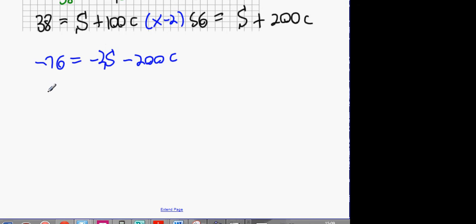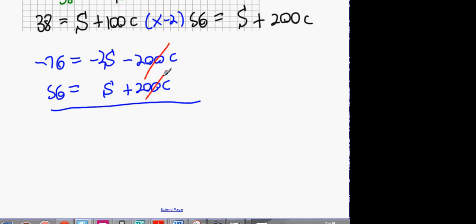The bottom one's going to be 56 equals S plus 200C. What happens now? They cancel, don't they? And we get minus 20 equals minus S. So what's the standing charge therefore going to be? 20. So you can do it by solving a simultaneous equation.